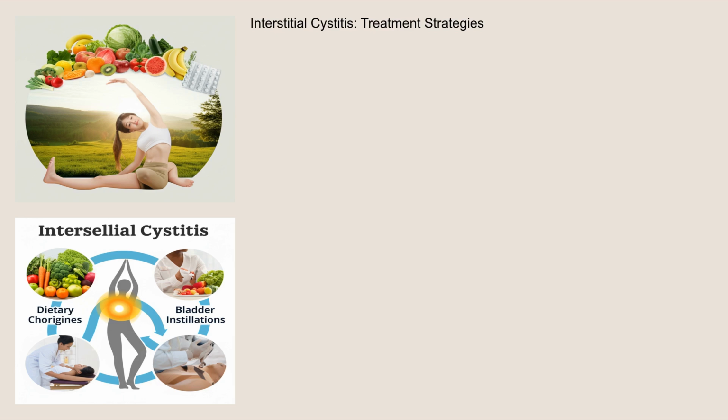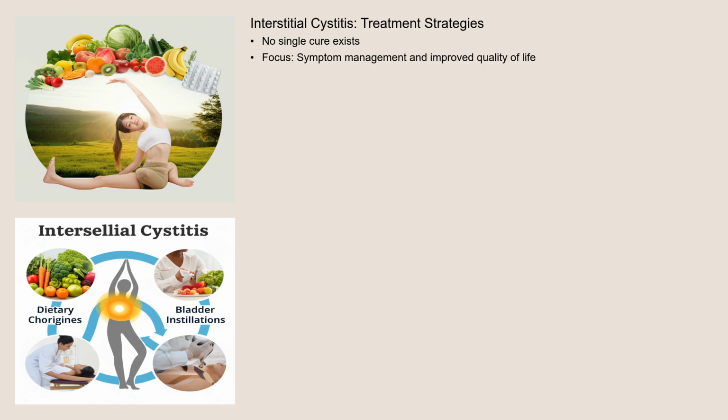There's no single cure for interstitial cystitis, so treatment focuses on managing symptoms and improving quality of life. A multimodal approach is often used, involving a combination of therapies. Lifestyle modifications, such as dietary changes to avoid bladder irritants like caffeine, alcohol, and acidic foods, are frequently recommended. Physical therapy can help strengthen pelvic floor muscles and reduce pain.